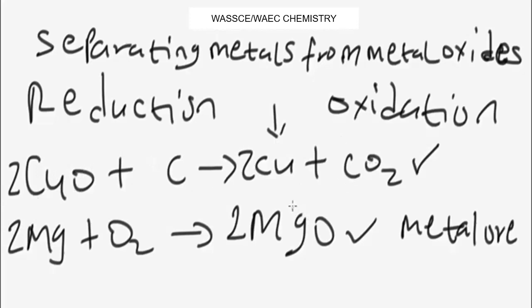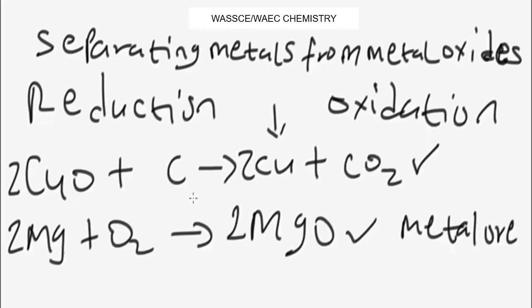Okay, and this ore is a type of rock that contains metal compounds. All right, so take note of this. In formation of metal ore, that's where you will see oxidation reaction, whereas in extraction of metal, that's where you will see reduction reaction.